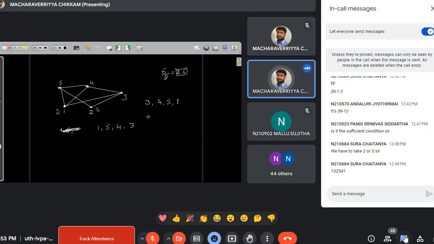I hope I can see the way. Let me start at 3, 4, 5, and then from 5 you come. Okay, I'm not finding it, because if I come to 2, then there's no way to move to 1. It's not good.